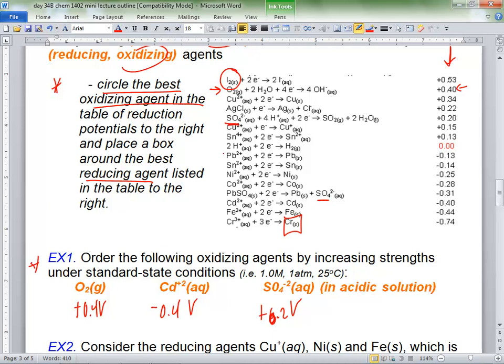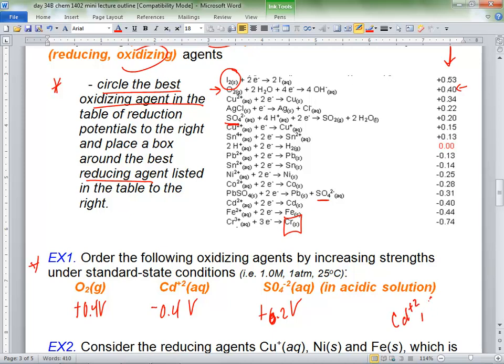Increasing. So the most powerful one, the most aggressive one, is the one that's the most positive. So list which one last? This guy last. First would be CD. Yeah. Okay.